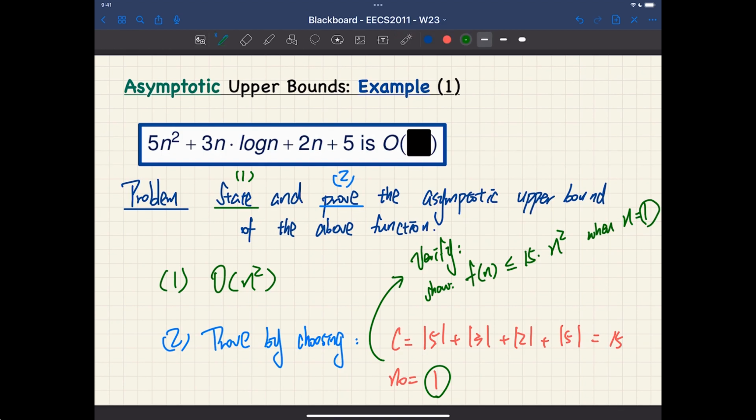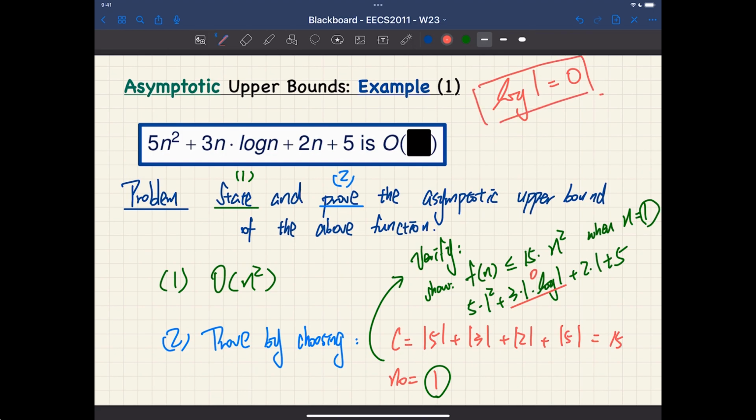All right, let's now do this very quickly, okay? So 5 times 1 squared plus 3 times 1 times log 1 plus 2 times 1 plus 5. I agree with you. This guy over here will be 0. Log 1 will be 0 because 2 to the power of 0 is 1. Log 1 is always 0. Doesn't matter which base it is. And then this one over here is going to be 5 plus 2 plus 5, 12.